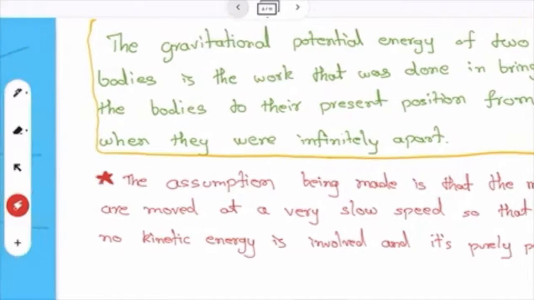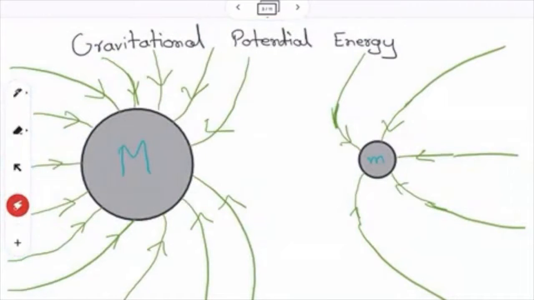So if we look at this, these bodies were initially infinitely apart, very, very far away. And what we've done is we've used some energy in order to bring these bodies to their current position where they are right now. So that's basically gravitational potential energy.